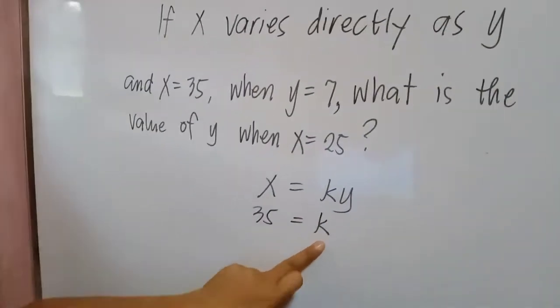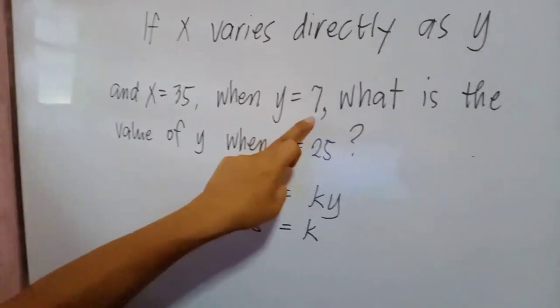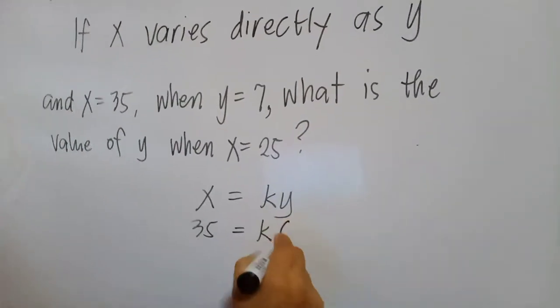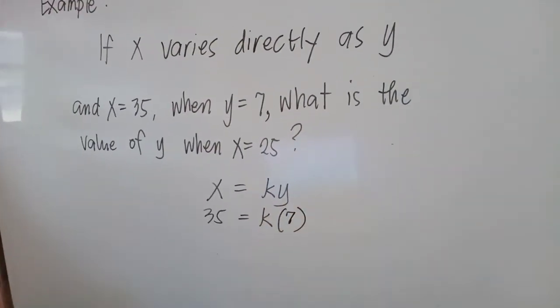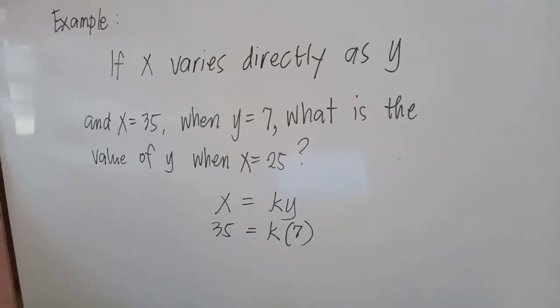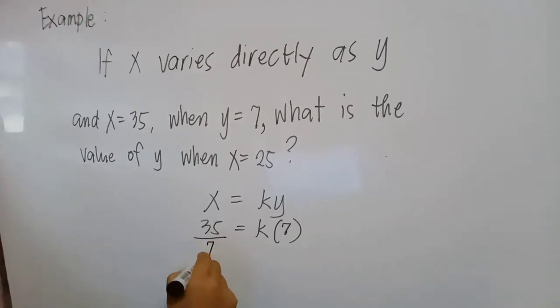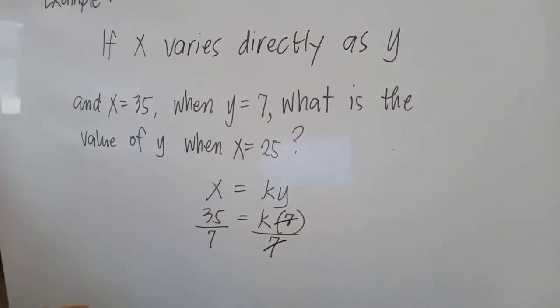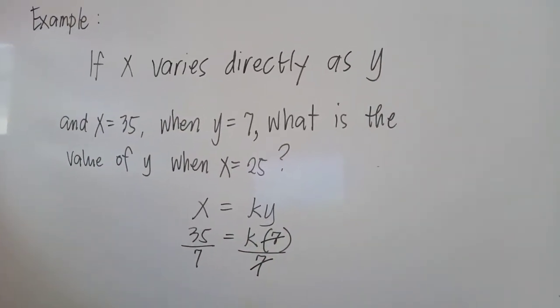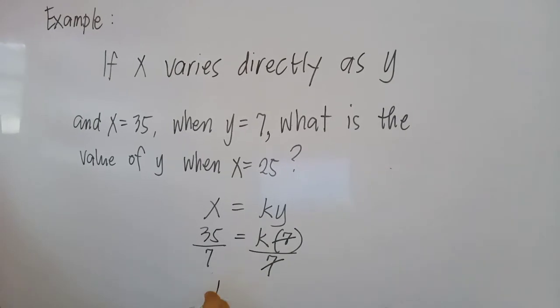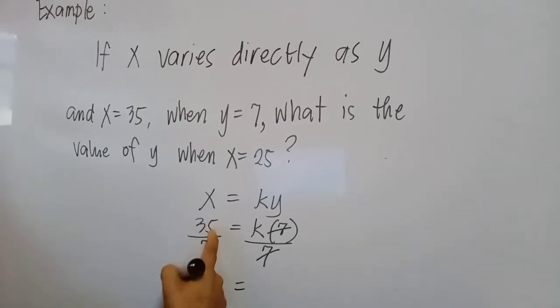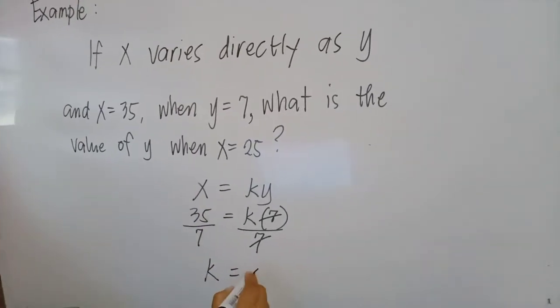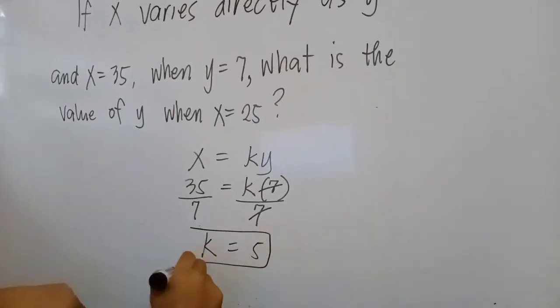Just retain k. And then the first given is y equals 7, so we have 35 equals k times 7. After which, just divide both sides by 7 for us to solve for k. So 7 divided by 7 is 1, so that's k. And 35 divided by 7 is 5. So k is equal to 5.